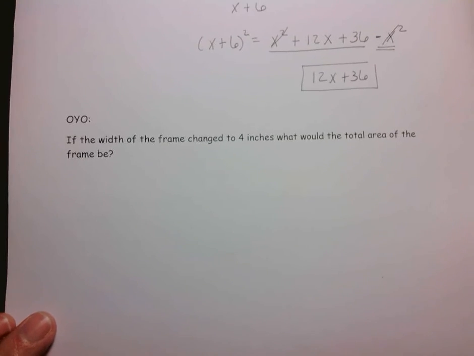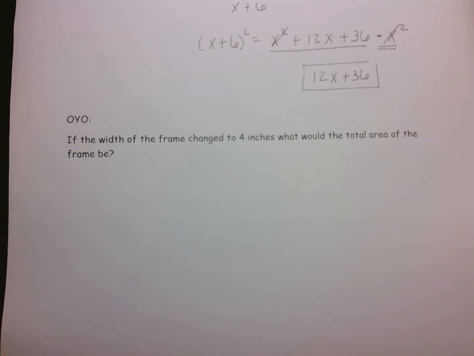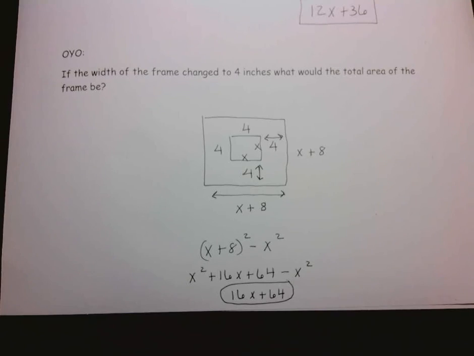Go ahead and hit pause and work out this on your own problem. And here's the answer. I did the exact same thing, except now the width is 4 inches.